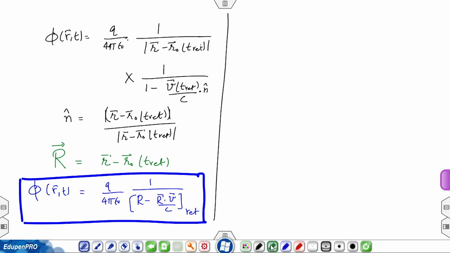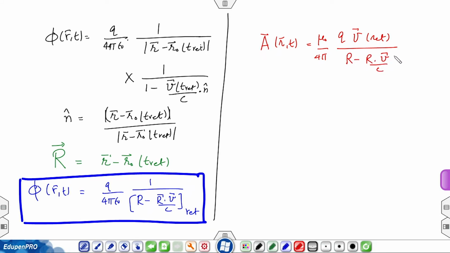In exactly the same manner, now I can write A r t is equal to q v retarded, mu 0 over 4 pi in front, divided by r minus r dot v over c, all calculated at retarded time.